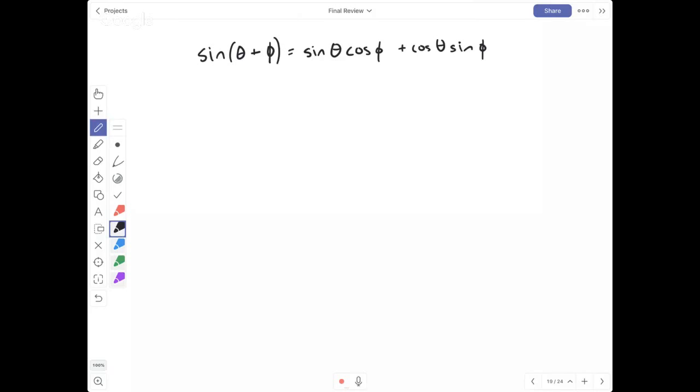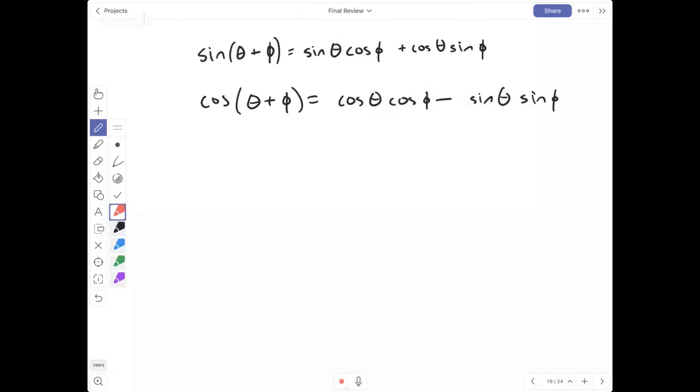Anyway, that was the sine, and then you also asked Tomas about cosine, which is cosine of theta plus phi is equal to cosine theta cosine phi minus sine theta sine phi.